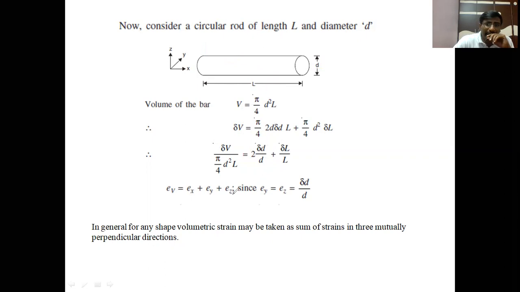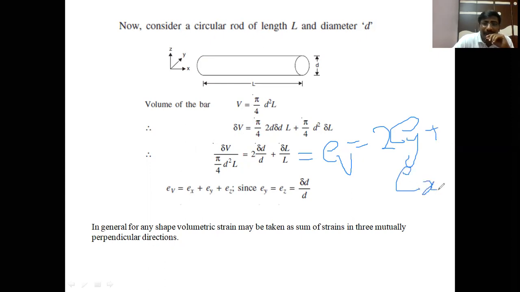So 2 into delta D by D plus delta L by L. Therefore, this can be written as EV, volumetric strain, is equal to 2 into EY or EZ plus EX.